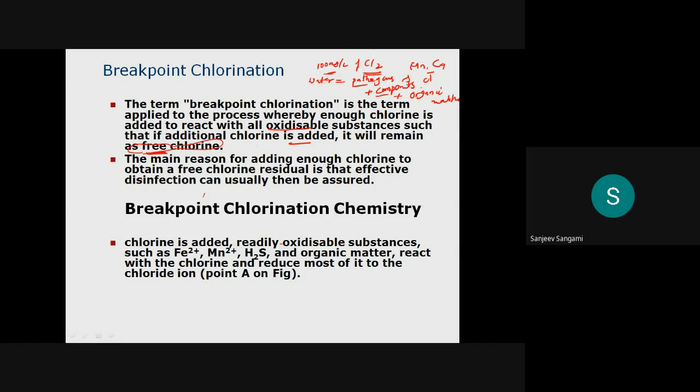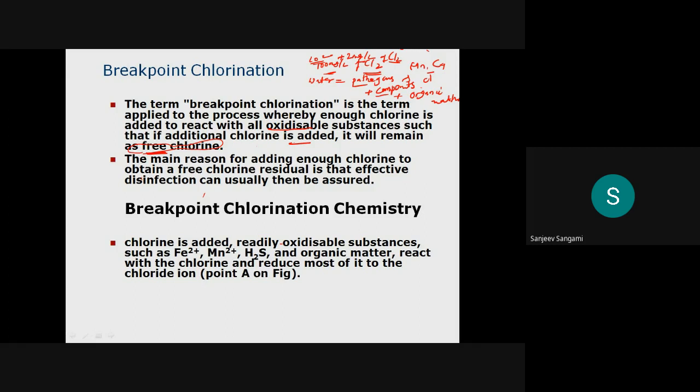assume that 100 milligram per liter you are adding is used to oxidize or to complete the process of disinfection. Then you will add 2 milligram per liter of Cl, so assuming that you are adding a total of 102. So 100 milligram per liter is used for completing the whole process.